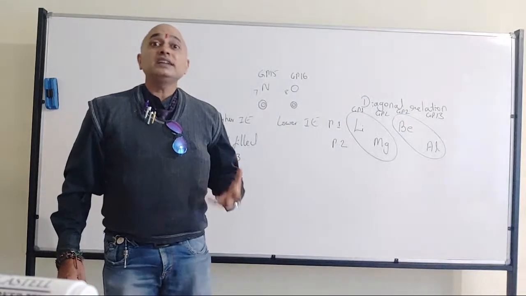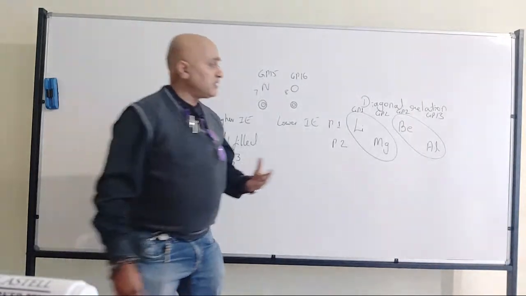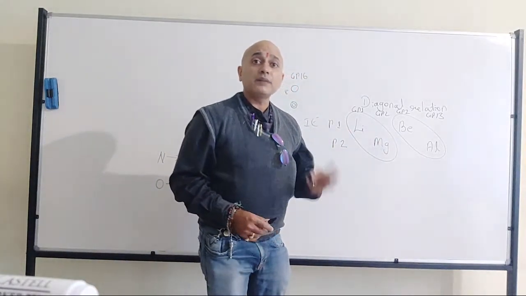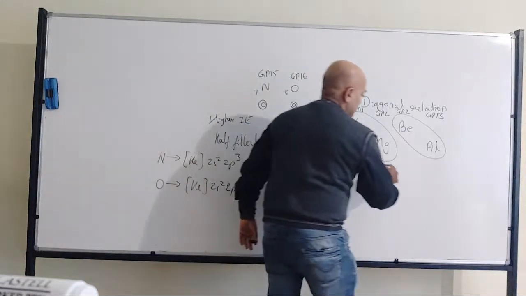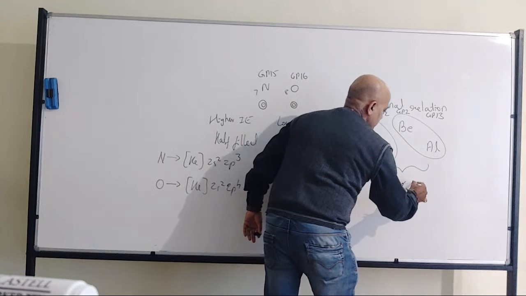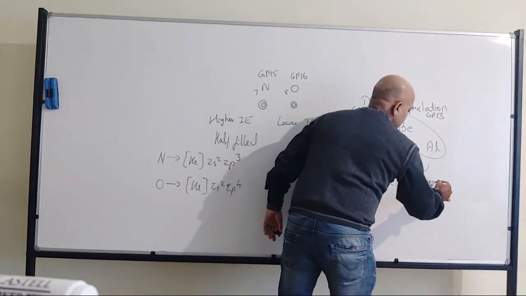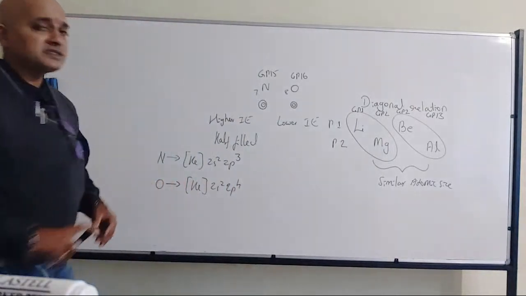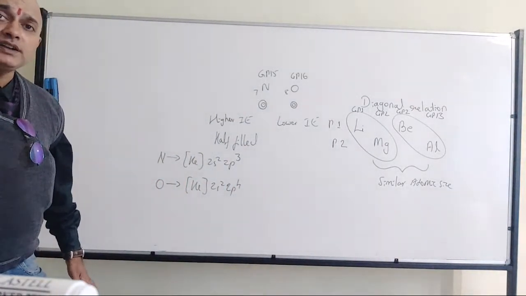Fine? What is the reason? The reason is because they have almost similar atomic size. I am not telling same once again, almost similar. Due to their similarity in atomic size, they will have some properties which are the same. Got my point?